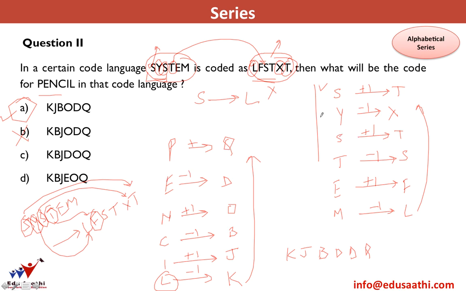Here I was able to find out the logic in the first go, so this made my life easier. This is also an equally likely possible case, but then you need to find the logic behind this. That is why I say that you need to have a lot of practice in these questions.